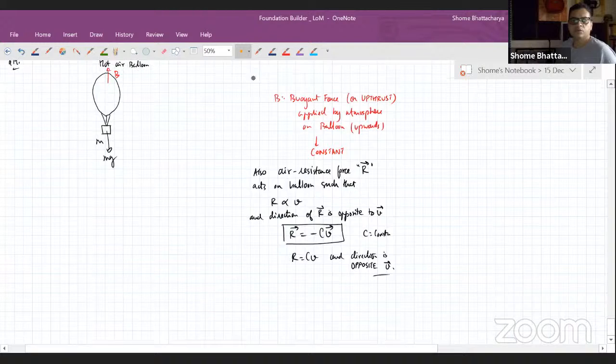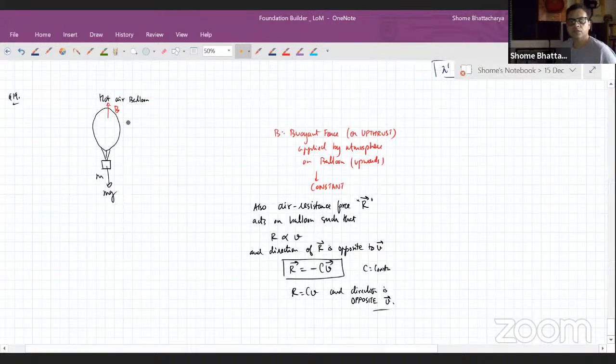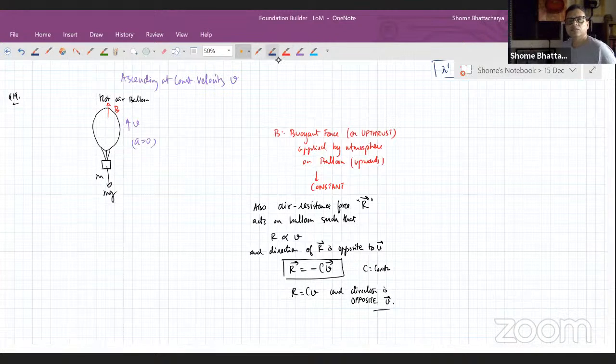Now it says that in the first case, when we have attached a mass, the balloon happens to be going up with a constant velocity. So that means its acceleration is zero. When it is ascending, what is the direction of the air resistance force? It will be downwards, because the direction of air resistance force is opposite to V, and its magnitude will be CV.